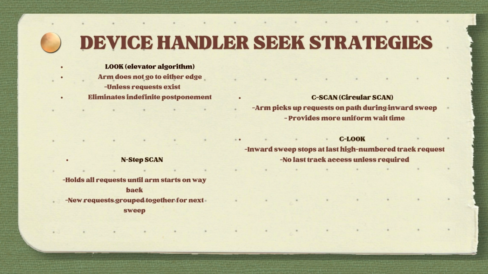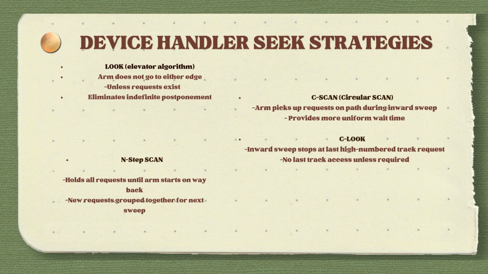So the next is C-scan. The arm picks up requests on its path during the inward sweep. When the innermost track has been reached, it immediately returns to the outermost track to start retrieving requests that arrived during the last inward sweep. With this modification, the system can provide quicker service to those requests that accumulated for the lowest number tracks while the arm was moving inward.